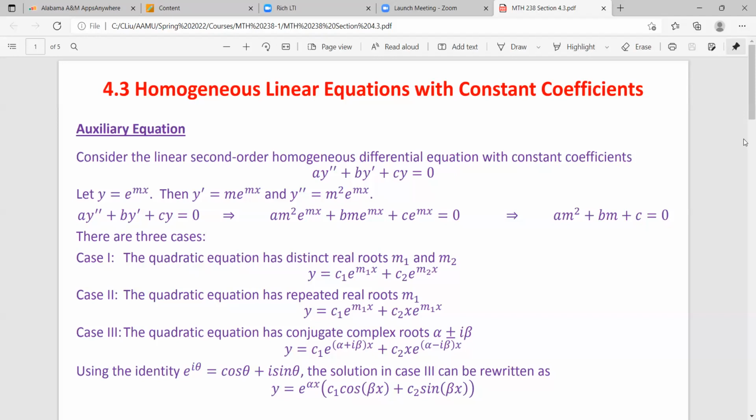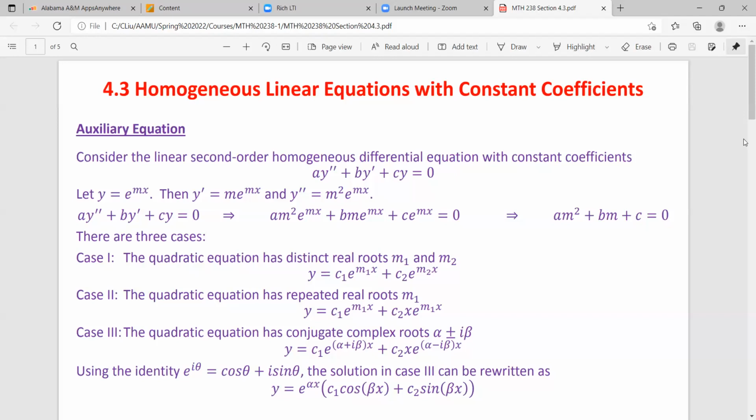And then we want to solve this equation from the start. This is the first time we try to solve a higher order differential equation from the beginning.